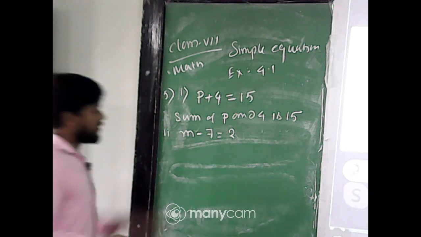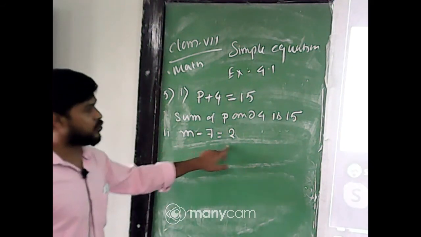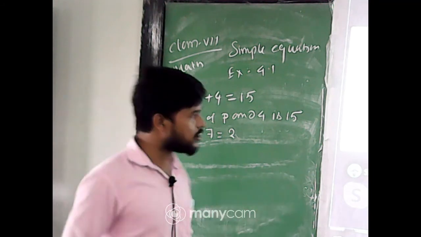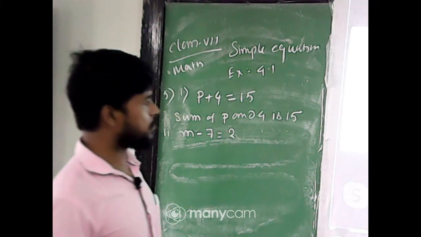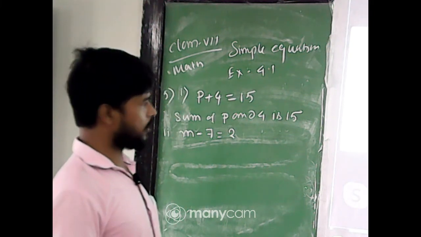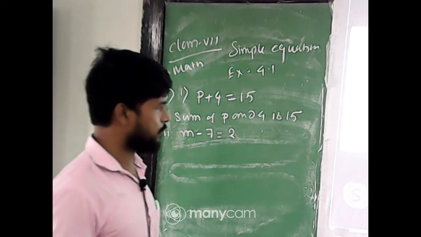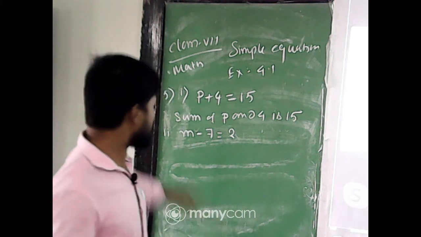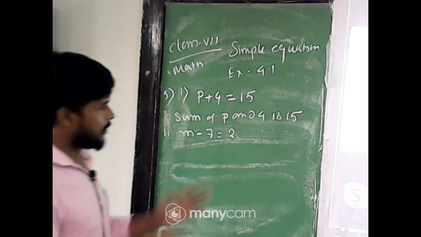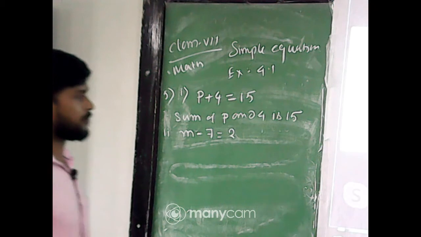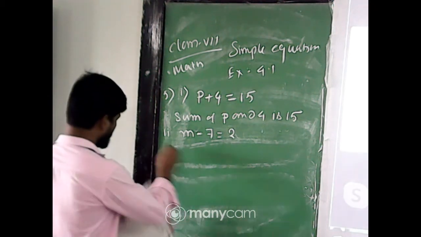So we can write 7 subtracted from m is 3. Yes, Tanisha, correct. M subtracted from 7 means 7 minus m, but it is m minus 7. Understood, Shashanko? Yes, 7 subtracted from m is 3. Yes, very good.